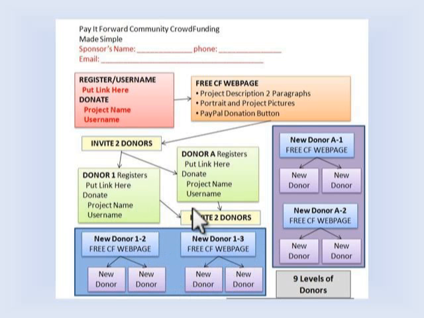And so we're building our community this way. Donor A over here has a new donor, A1, and down here A2, and each of these in blue will invite new donors that are in purple. And we have 9 levels of donors that will be fueling our projects from underneath to their project and to yours.